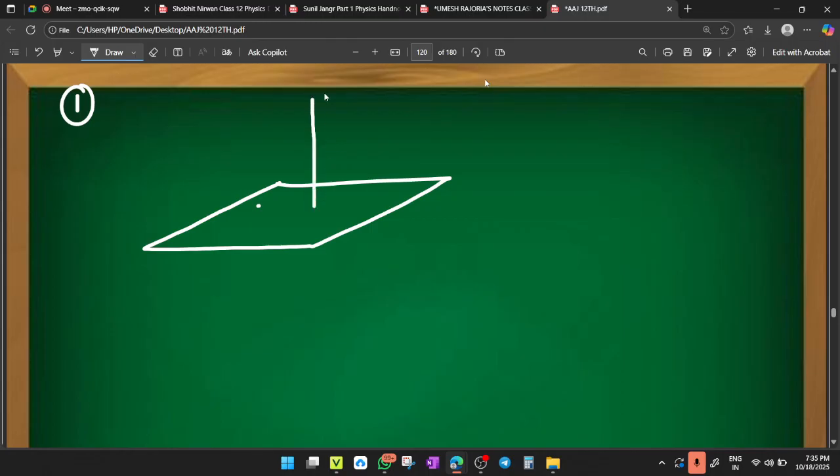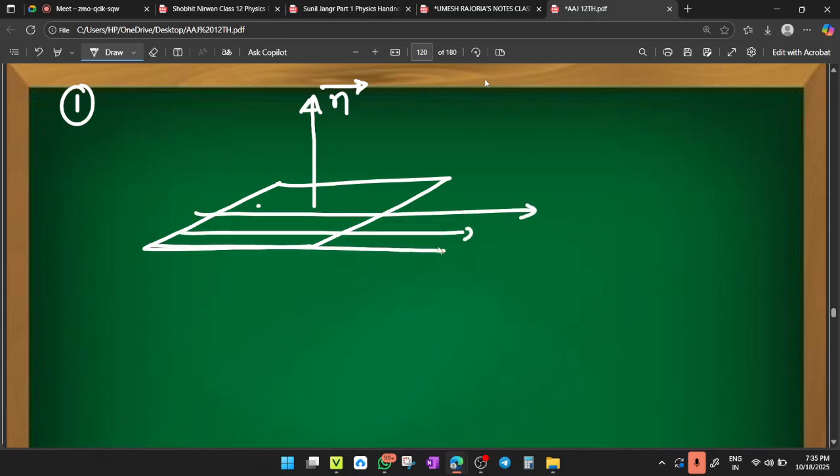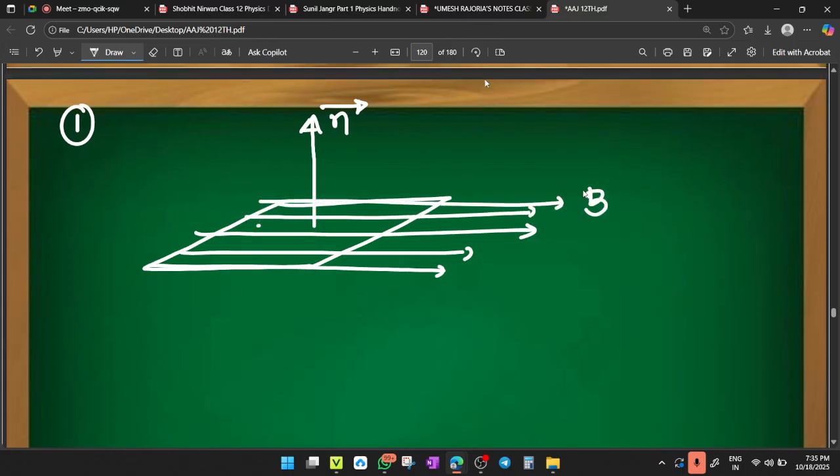Look here at the case of theta equal to 90 degrees. See, this is our area sheet. So towards this direction there will be the area vector, right? And the magnetic field is passing through like this. So this is the direction of the magnetic field. Do you see any type of penetration of this sheet by this field?